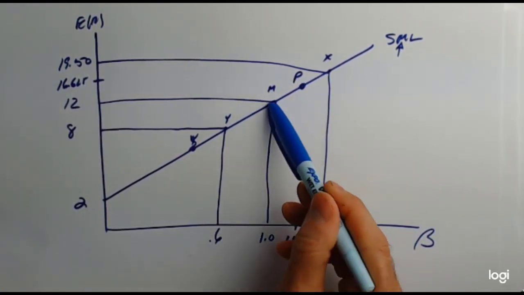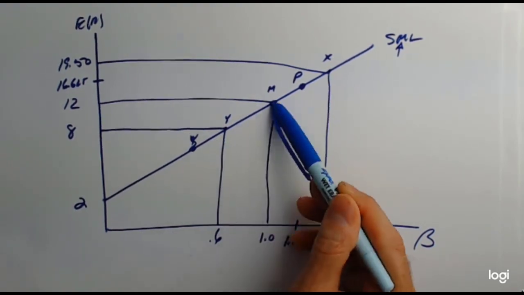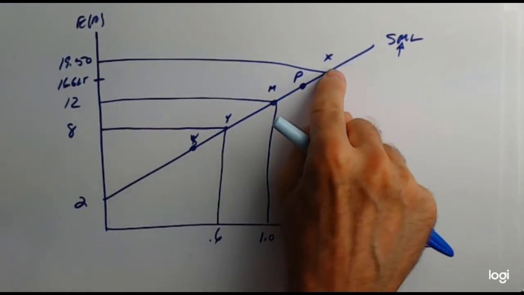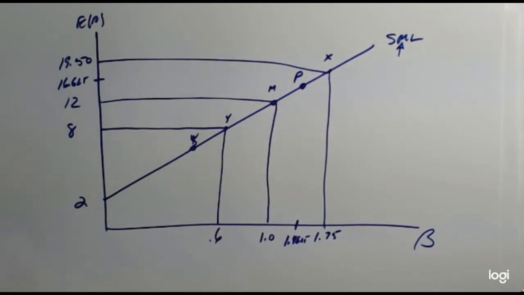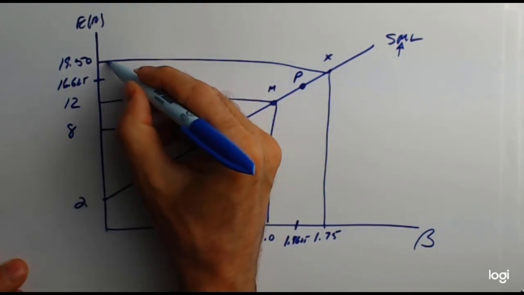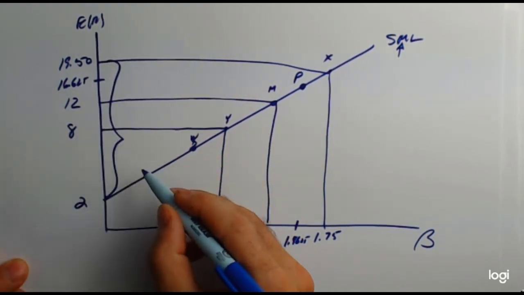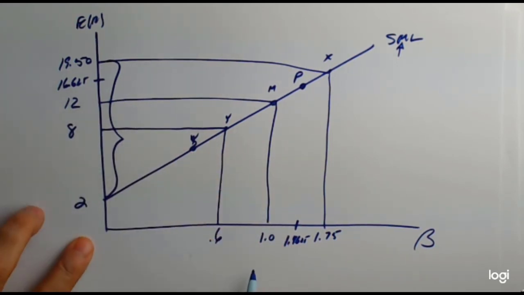Everything lines up. Everything is a function of this portfolio. We're all on this straight line. So the slope of this line is 10. That's what the reward to risk ratio is telling us. For stock X, here's the reward, 17.5%, and this is the beta.